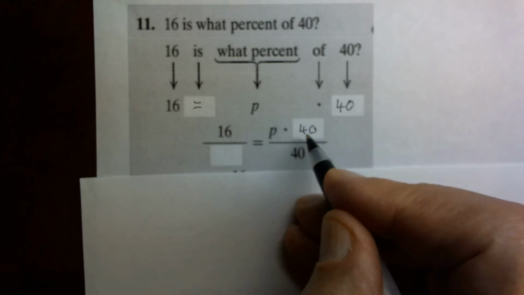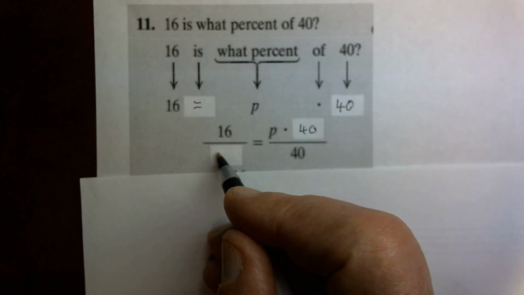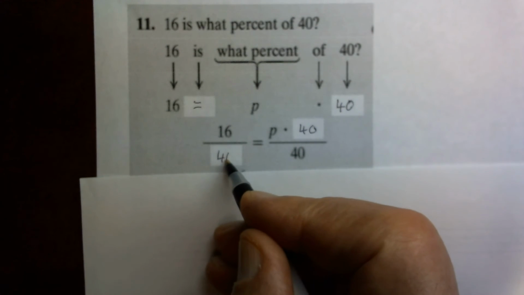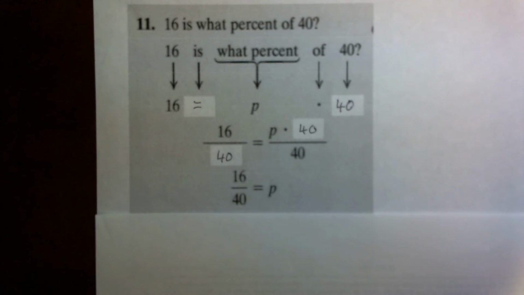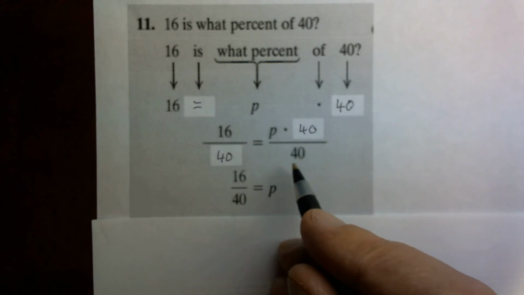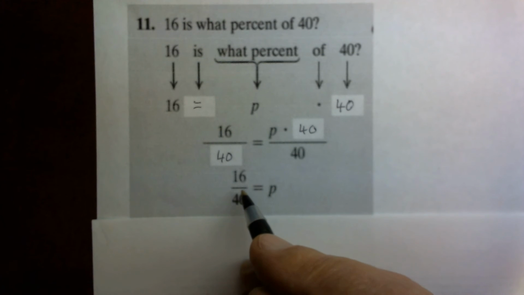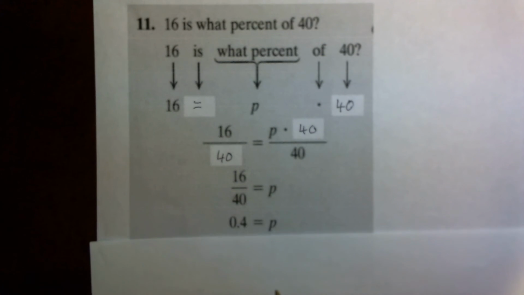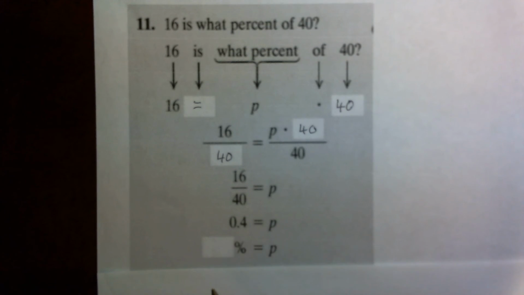So P times 40 divided by 40 equals 16 divided by 40. Now we have isolated P. 16 divided by 40 is equal to 0.4. It's equal to P. So in other words, 40% equals P.